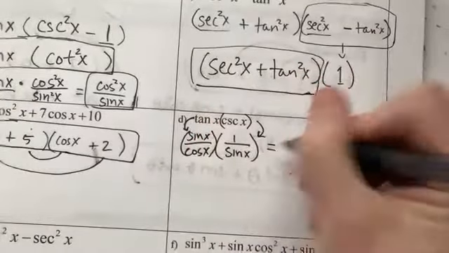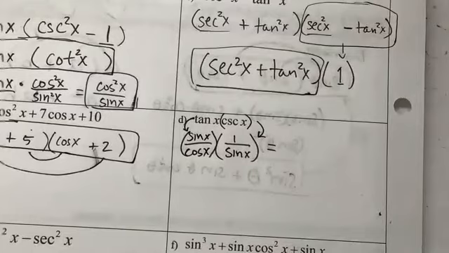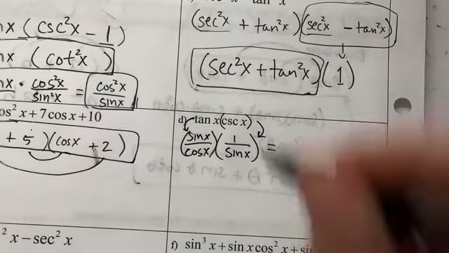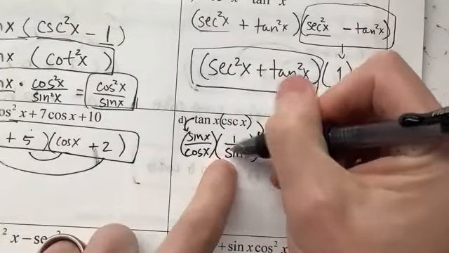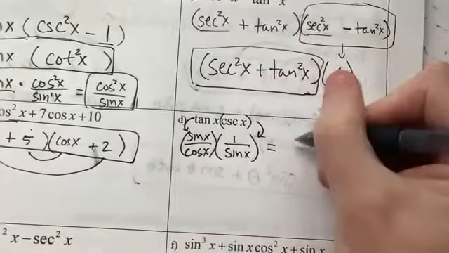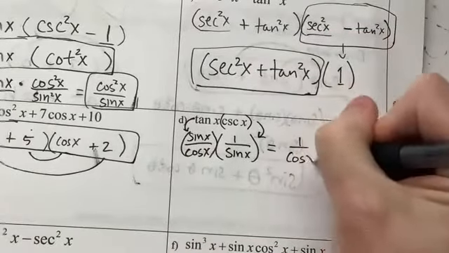And then think if we multiplied those together, anybody see what that would multiply to? So yeah, you could cancel the sines out right away. Sine of x over sine of x is just going to cancel out. So if the sine of x is canceled out, all that's really left is 1 over the cosine of x.